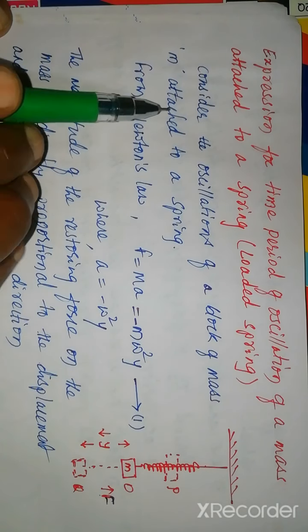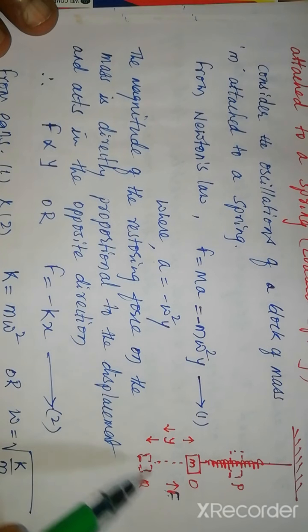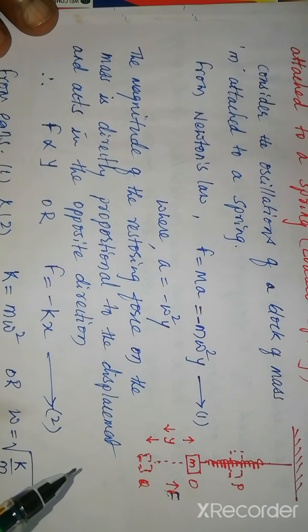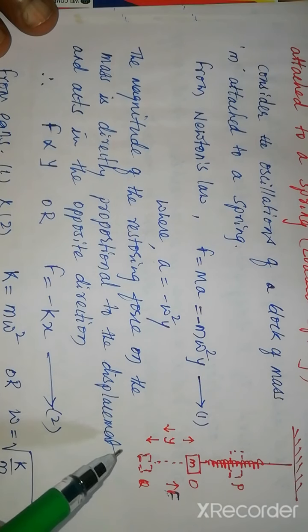The magnitude of the restoring force on the mass is directly proportional to the displacement and acts in the opposite direction. The magnitude of this restoring force is directly proportional to y. More the y, more the restoring force. And y is in a downward direction.